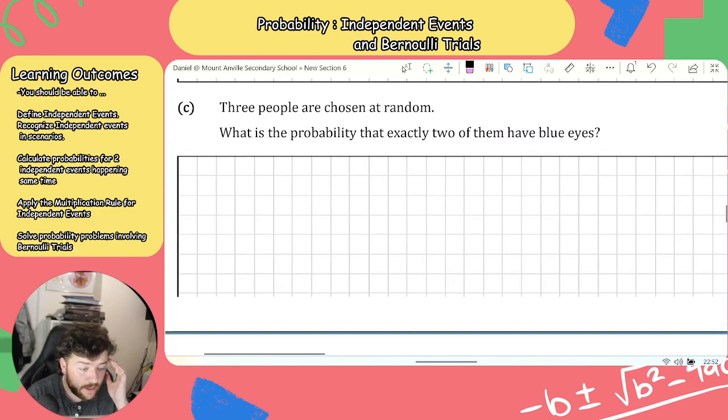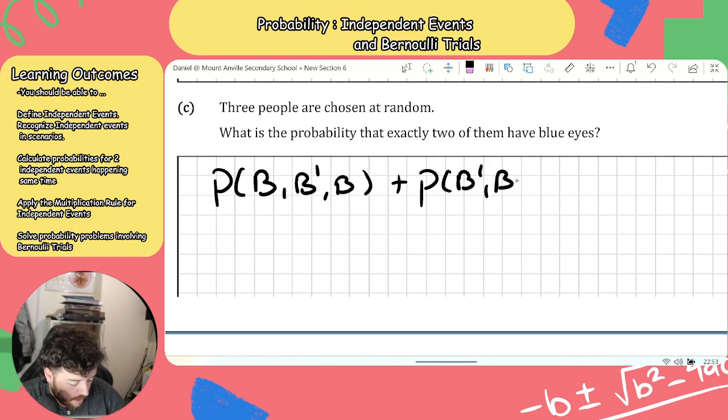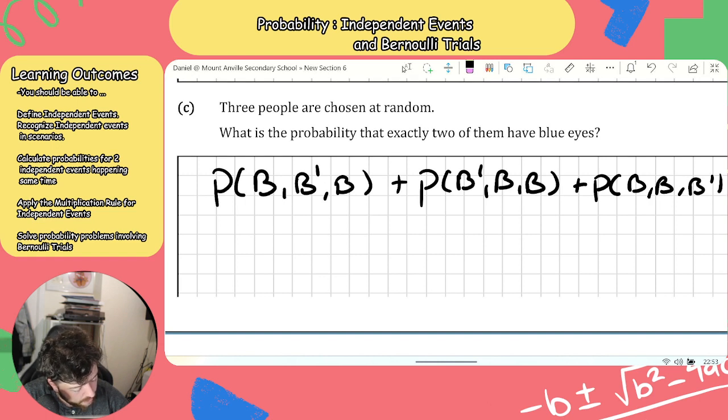My last one, 3 people are chosen at random. What's the probability that exactly 2 of them have blue eyes? So again, the probability of blue, not blue, blue, plus not blue, blue, blue, plus blue, blue, not blue.